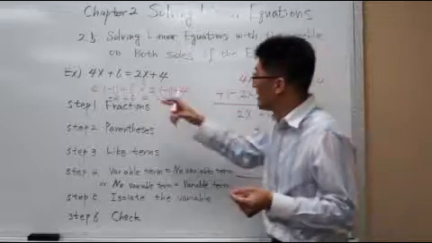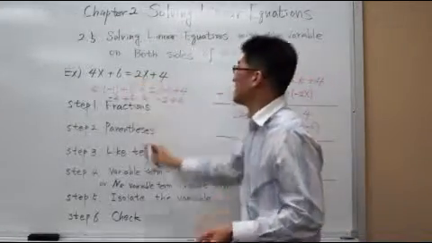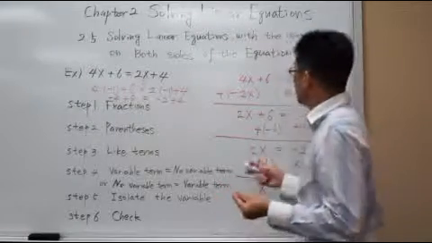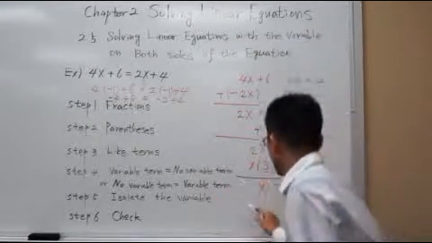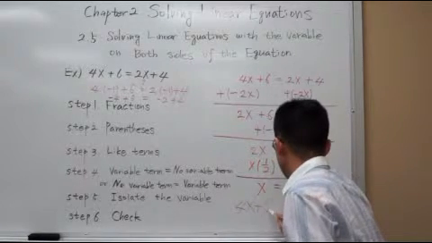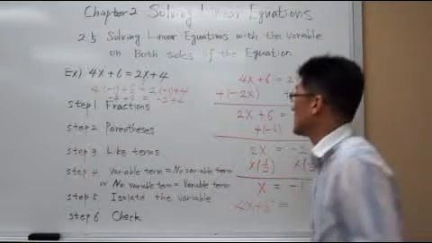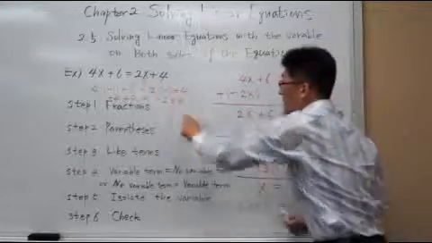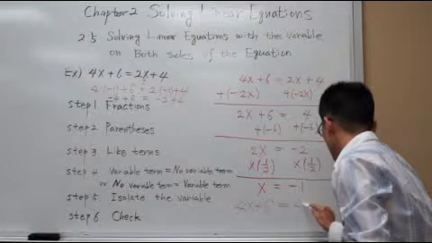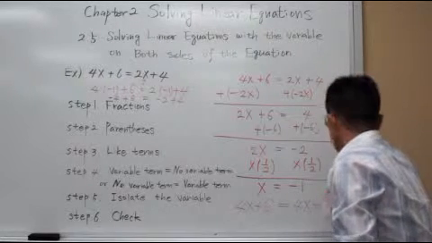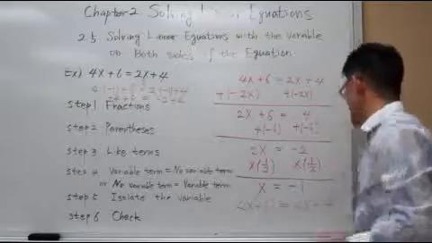Now, what if the right-hand side is changed to 4x? The equation is 4x plus 6 equals 4x plus 4.